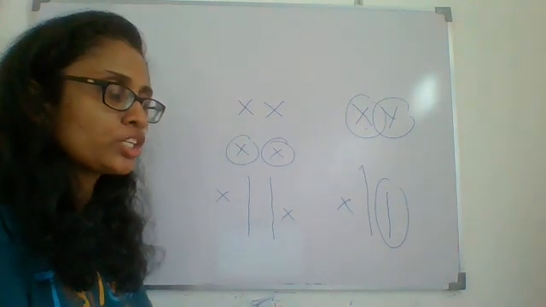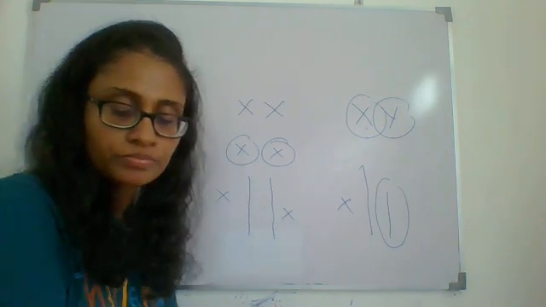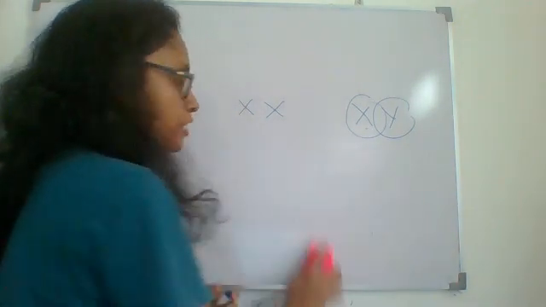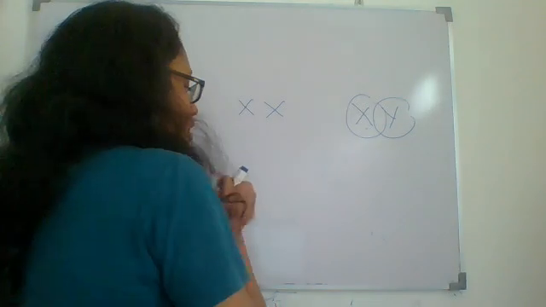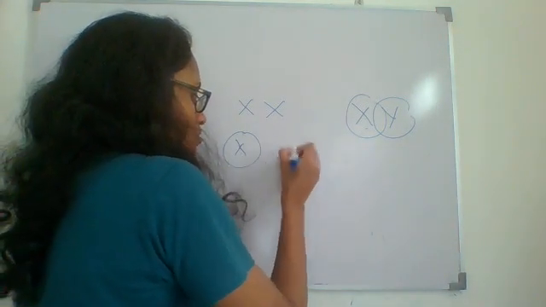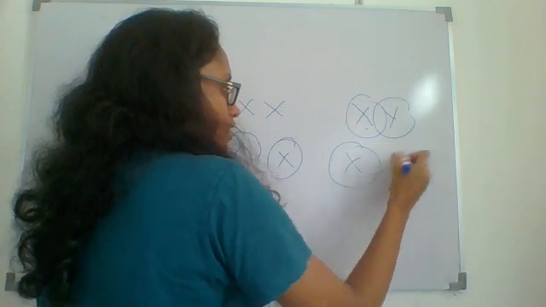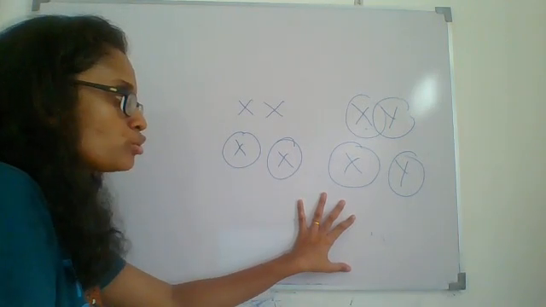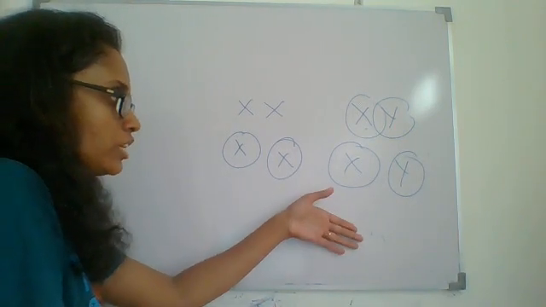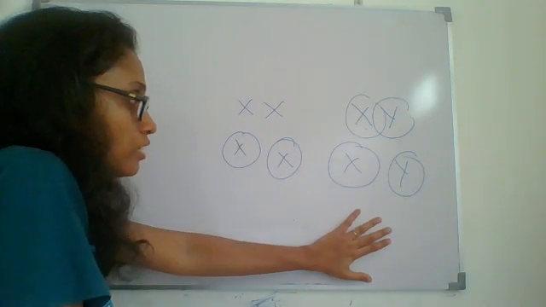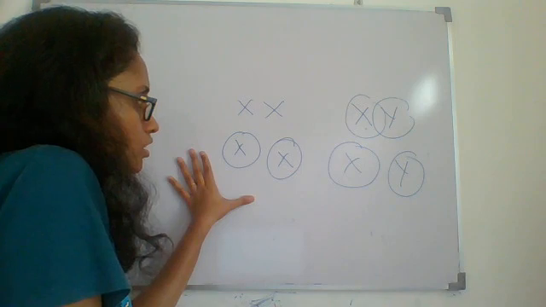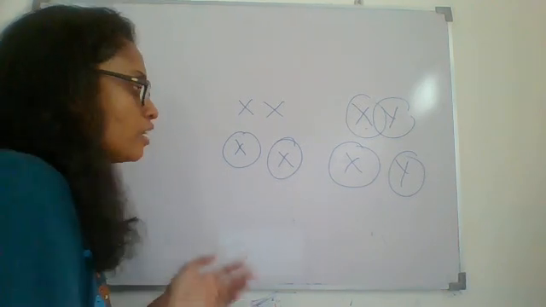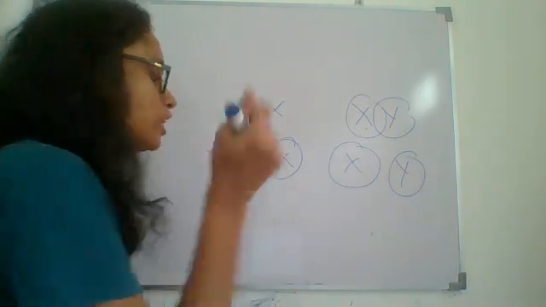During the formation of a zygote, can you remember I mentioned when you are doing that Punnett square and that diagram, I used these gametes, right? So these are gametes. When the female is producing eggs, the eggs contain only one chromosome.